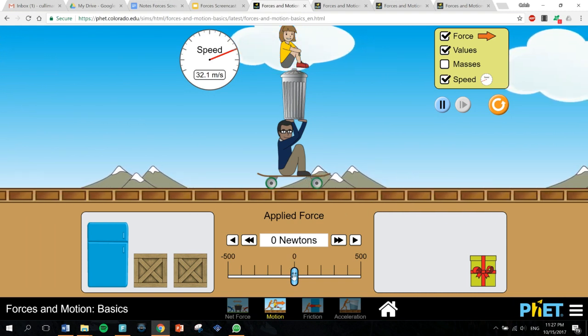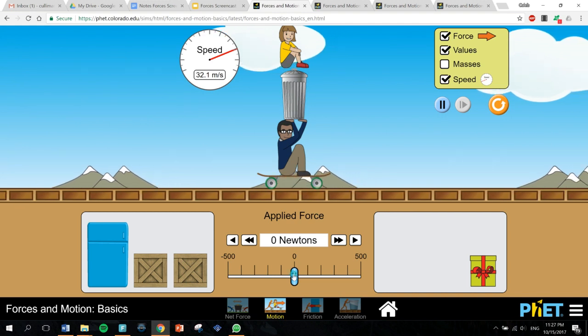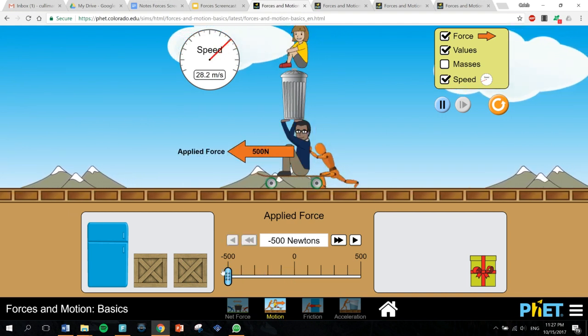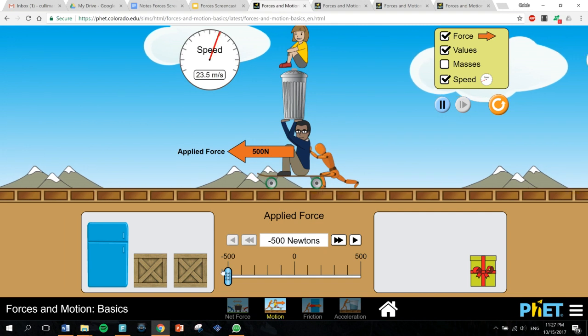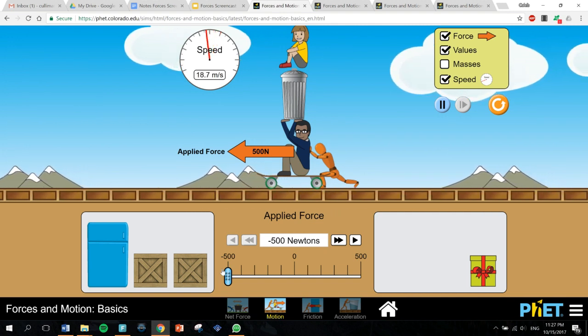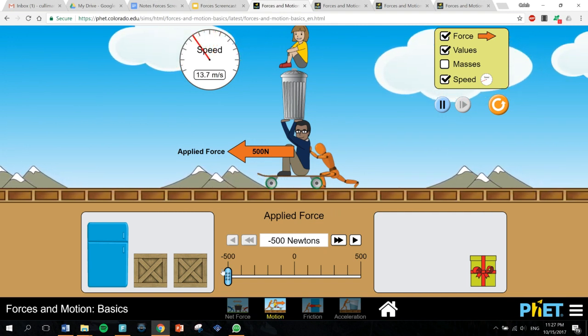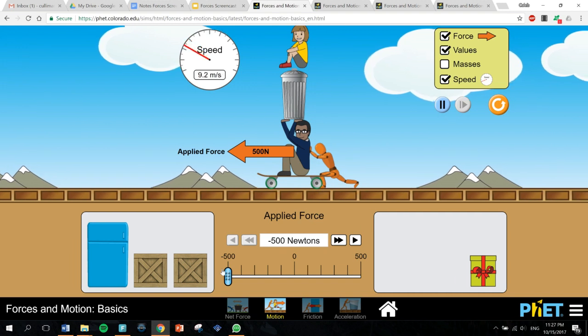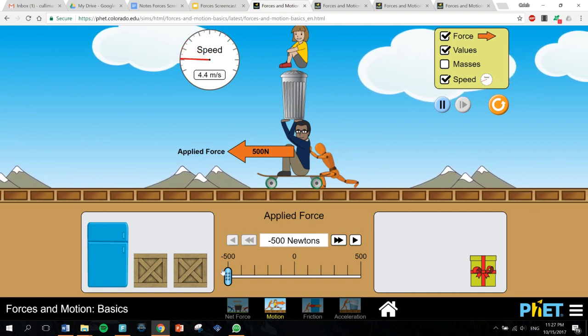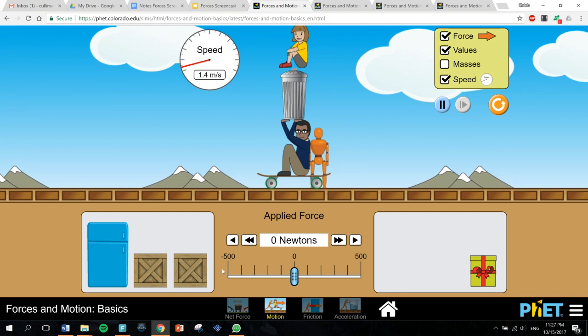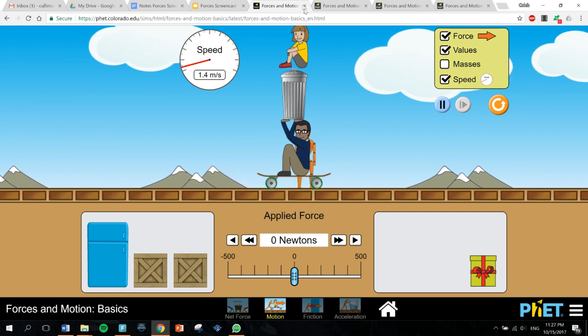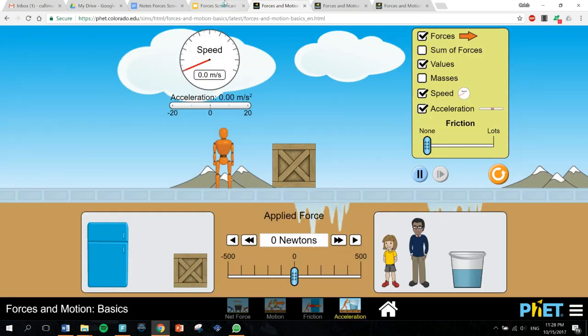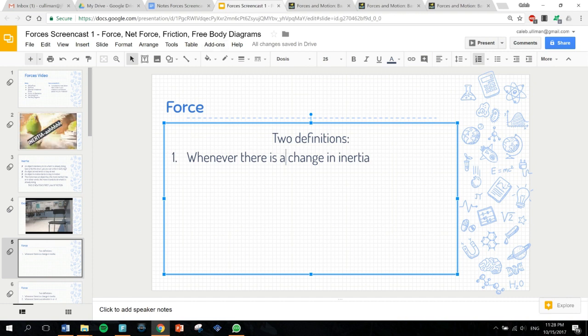But if I apply a force, I can change their inertia to stop them from moving. This small wooden man is stopping them from moving, and eventually will change their inertia so much that they're no longer moving. Or almost. Okay, so there we go. Whenever there is a change in inertia, there is a force.